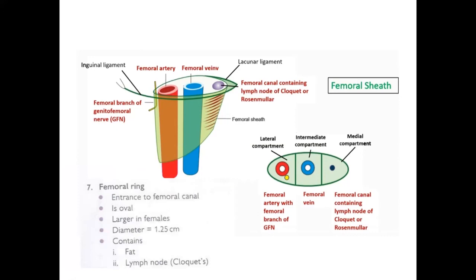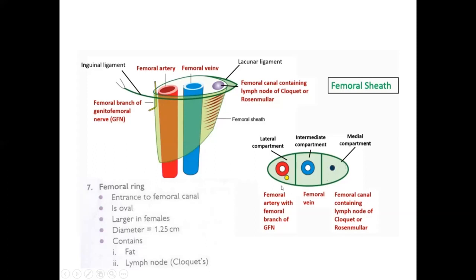What about the femoral ring? The femoral ring forms the entrance to the femoral canal. It's oval in shape, as you can see. It's larger in females. Its diameter is 1.25 centimeters, and it contains only fat and a lymph node.